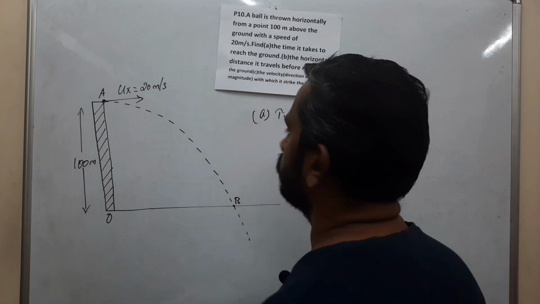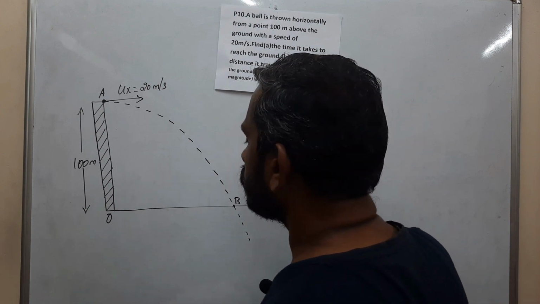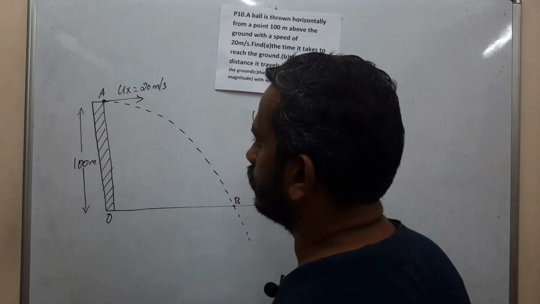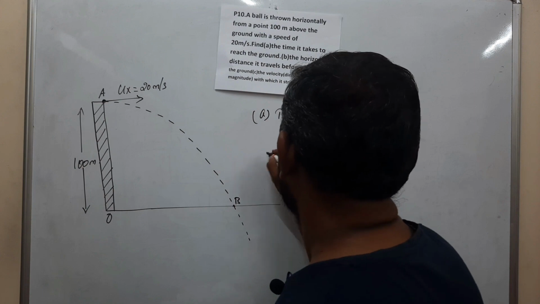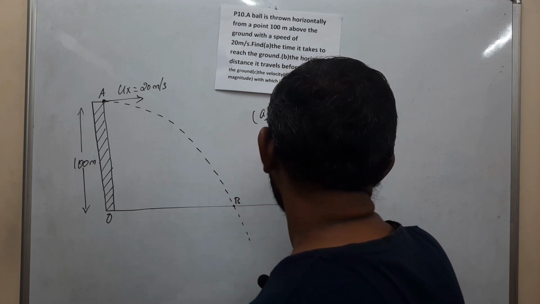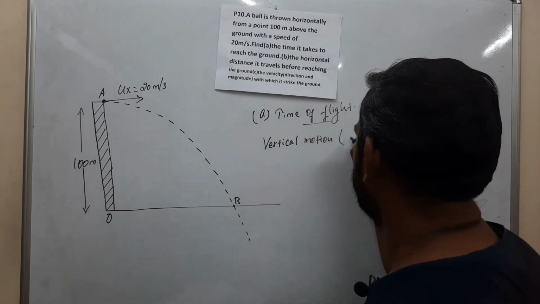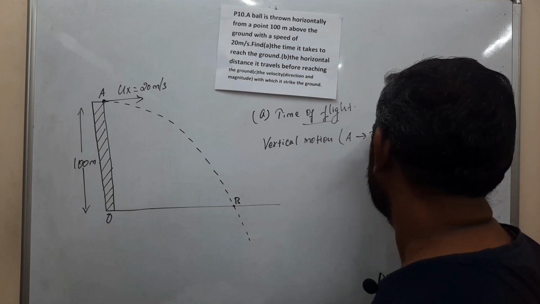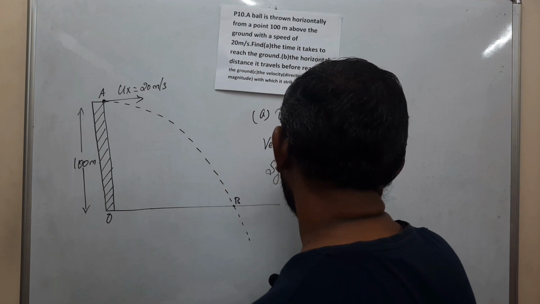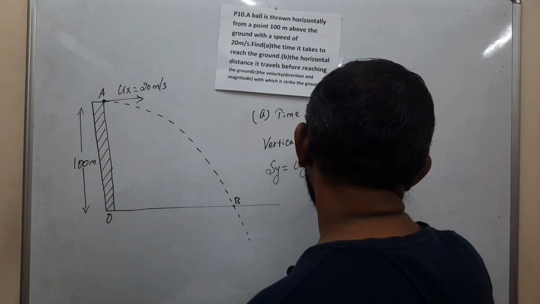Time of flight. Okay, so that is vertical motion from A to B. I am writing the equation, that is Sy is equal to Uy t plus half Ay t square.